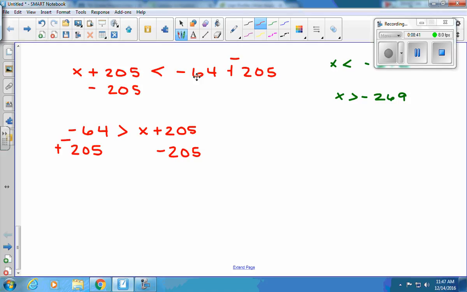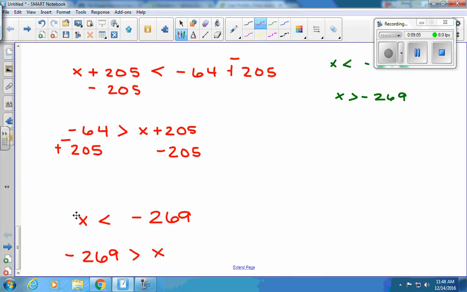The rule says same signs, keep and add, right? They're the same sign, so I'm going to get 269, and the bigger number is negative. In this case, I keep my x is less than. If I do it in this case, it's negative 269 is greater than x.